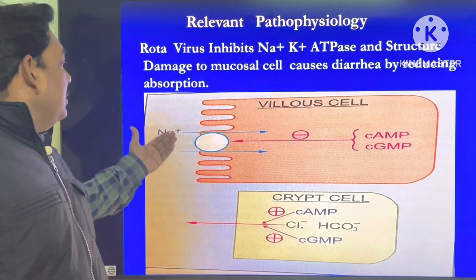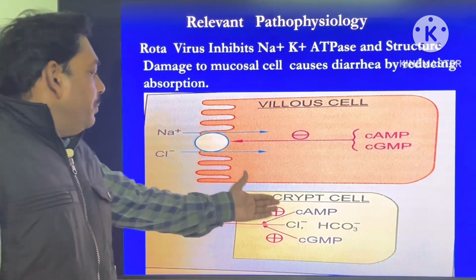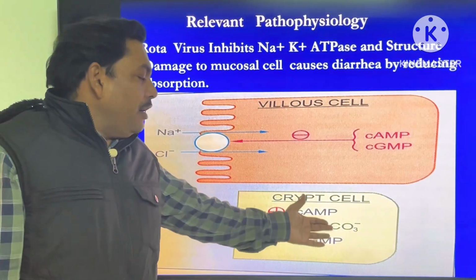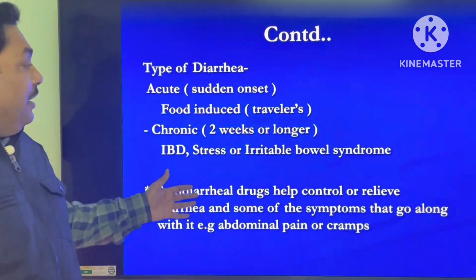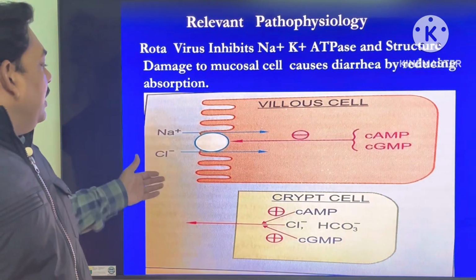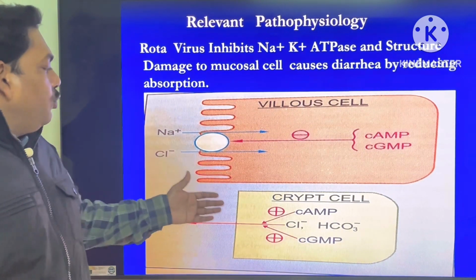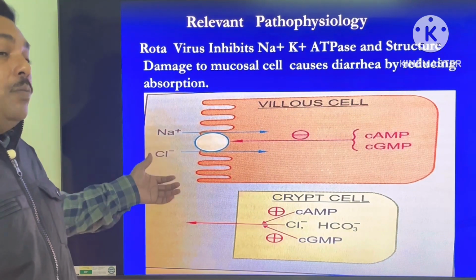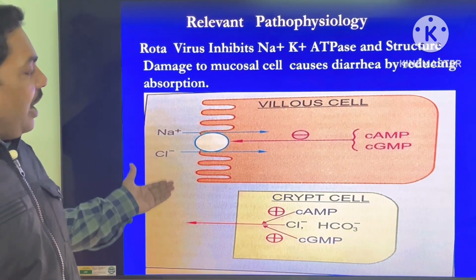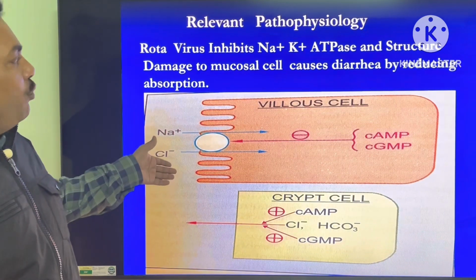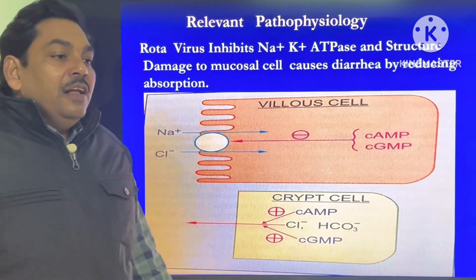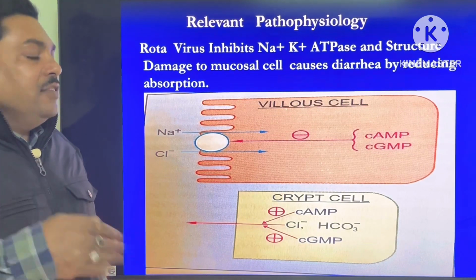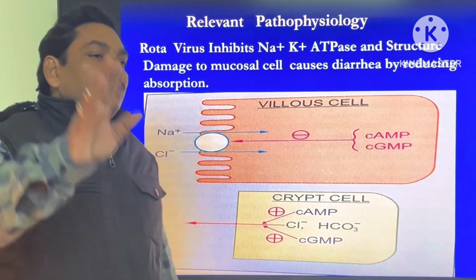That's why sodium and water accumulate, and cells also secrete sodium and bicarbonate ions. So the accumulation of sodium chloride and bicarbonate is greater inside the lumen of the intestine. With the higher concentration, more water is secreted into the intestine. That's why bowel or peristaltic movement is enhanced, inducing diarrhea.